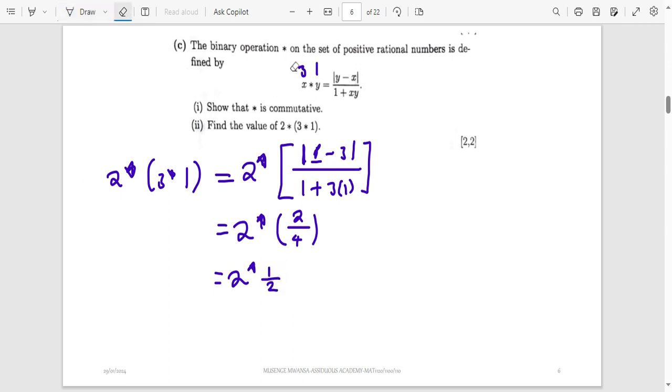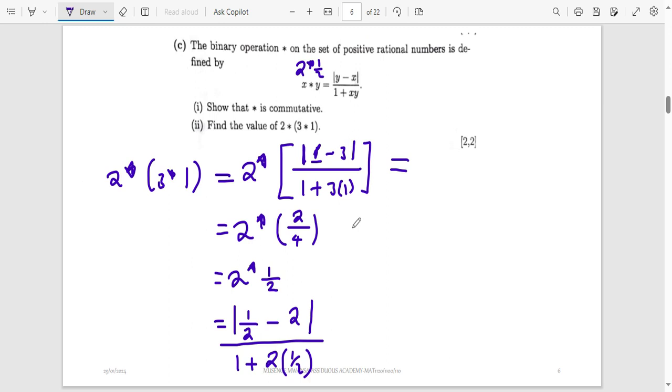So meaning now where we've reached here, the first term has become 2. So where there's x, we'll be putting 2, where there's y, we'll be putting 1 over 2. So this becomes, in the absolute bars, half minus, where there is x, 2, divided by 1 plus x, where there is x we are putting 2, multiplying with y, where there is y we are putting 1 over 2.